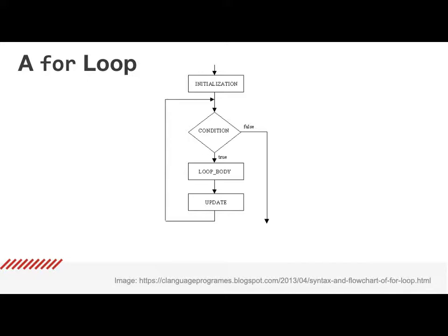If it's true, you go to the body, which in this case is these instructions here, and then you update something and go back. Let's assume it's 3 times. Don't want to complicate it for you, but we'll talk about the syntax later.